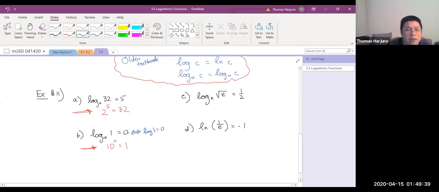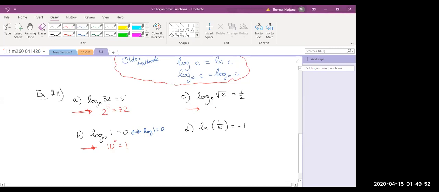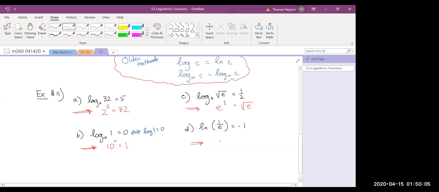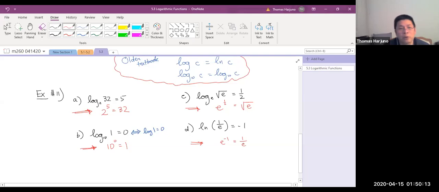If you omit the base, that's base 10. And part C, the base is E, exponent half, argument square root of E. And finally, E to the negative 1 equals 1 over E. Okay, so that's how we change from exponential to log and log to exponential form.